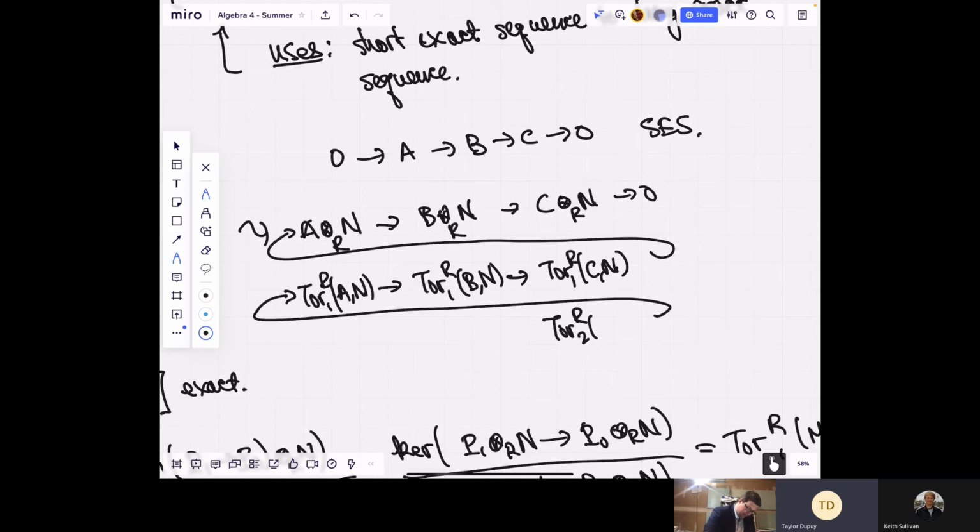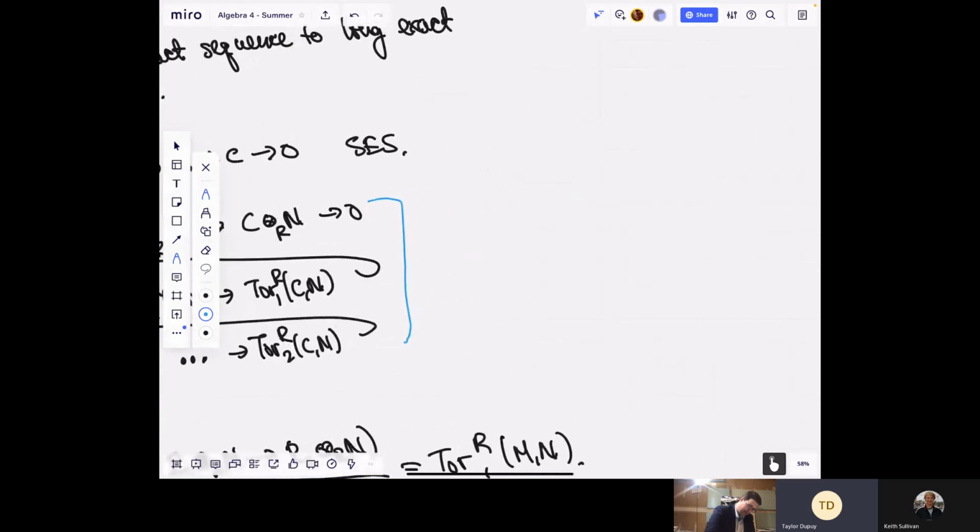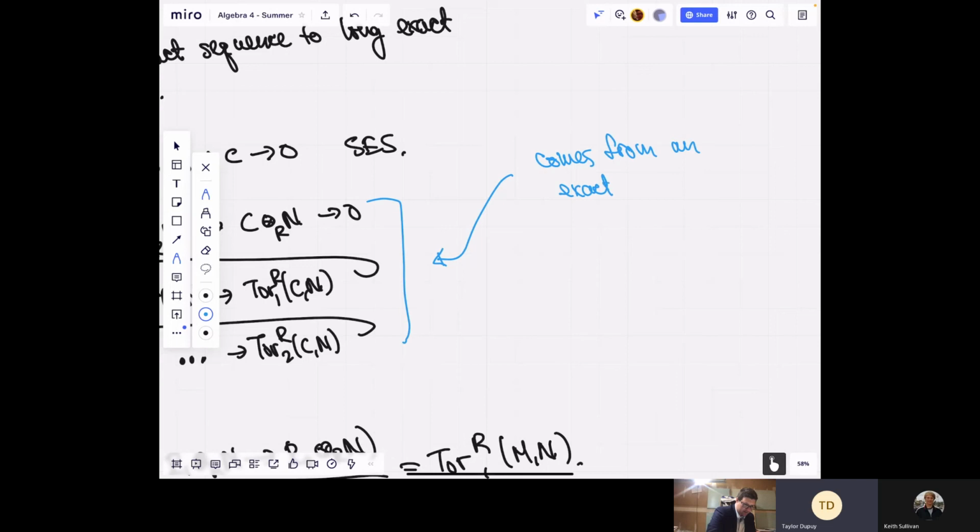Okay, and so what's going to happen here is that this thing comes from a map of cochain complexes or chain complexes, from an exact sequence of chain complexes.